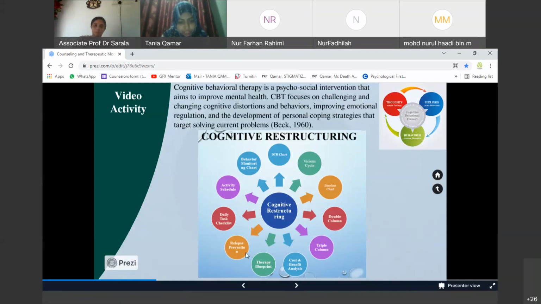We use relapse prevention because many psychological patients have multiple relapses.